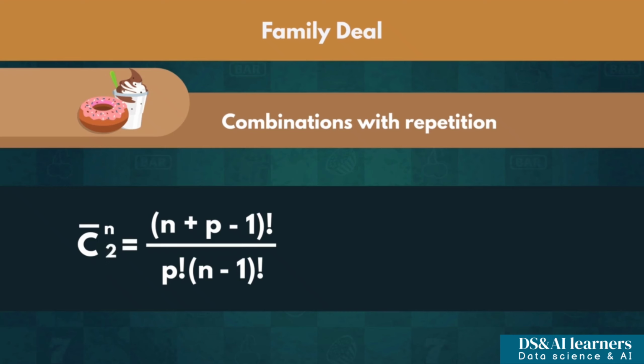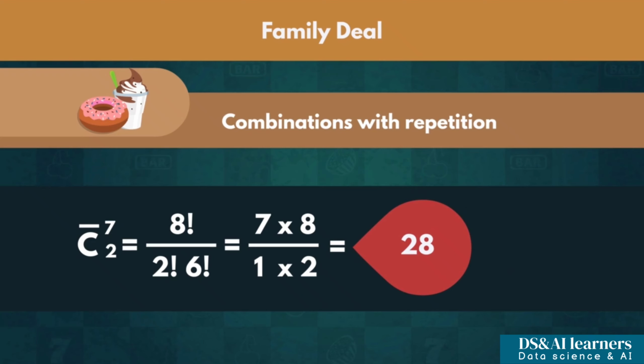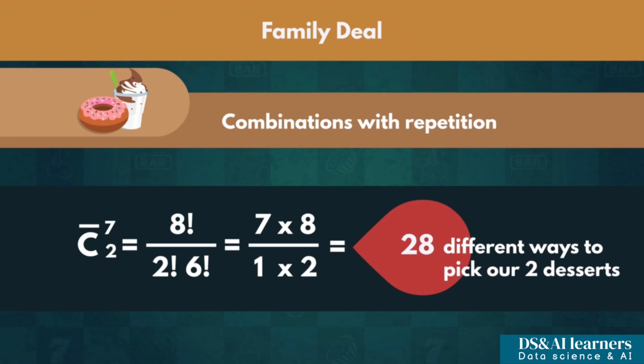Since we are picking two desserts out of a possible 7, we can plug in these values to get 7 plus 2 minus 1, or 8 factorial, over 2 factorial times 6 factorial. After some simplifications, this equals 7 times 8 over 1 times 2, or 28. Therefore, there are 28 different ways to pick our two desserts out of the menu.